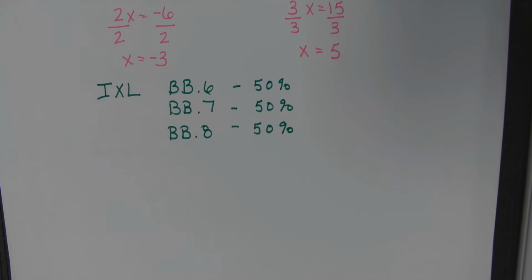All 3, you need to go to 50%. That's not that many. Basically, it's just 3 different ways you're solving. There's no graphing here.